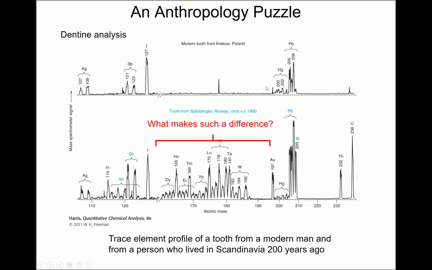Actually you see many elements from teeth: silver, antimony, iodine, mercury, lead, etc. But very surprisingly, the sample from people who lived not very long ago, more than about 200 years ago, in the Scandinavian area, shows all kinds of elements, especially rare earth elements, in this middle region.